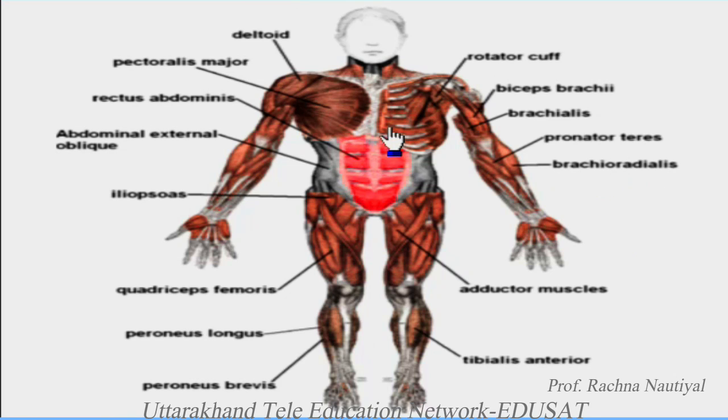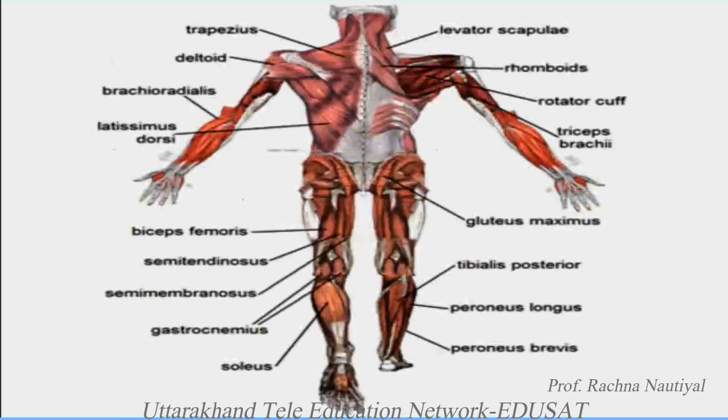These are various kinds of muscles found all over the body. This is the anterior view of the body, and this is the posterior view. You can see the back part of our body, where there are so many muscles along the different parts of the body.